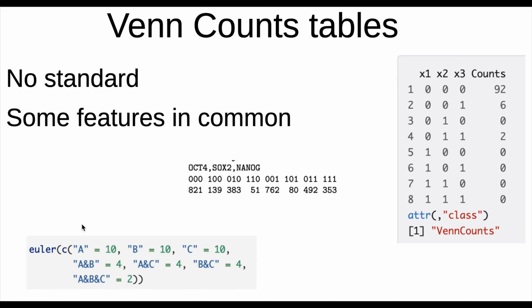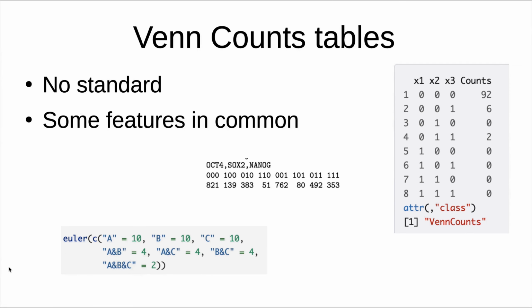In Eulerr it is somewhat different. It's not a table, it's a list of combinations where A, B, C stand for groups again, and those are the combinations, and these are the results. That's how you can attach potentially those alternative Venns to your ChIPpeakAnno.